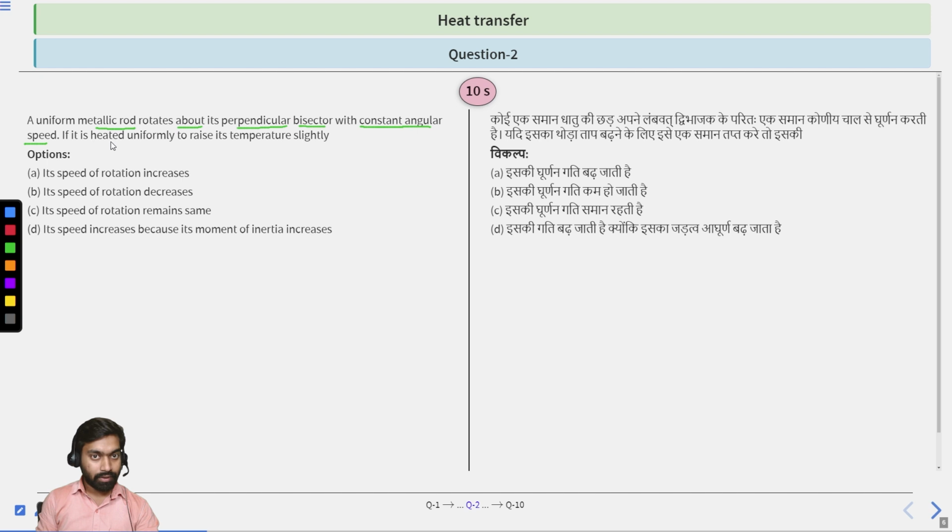If it is heated uniformly, given options: option A, its speed of rotation increases; option B, its speed of rotation decreases; option C, its speed of rotation remains same; and option D, its speed increases because its moment of inertia increases. So which one is correct? Option A, option B, option C, or option D. You have 10 seconds to solve this question. After 10 seconds, we will provide the solution of this question.